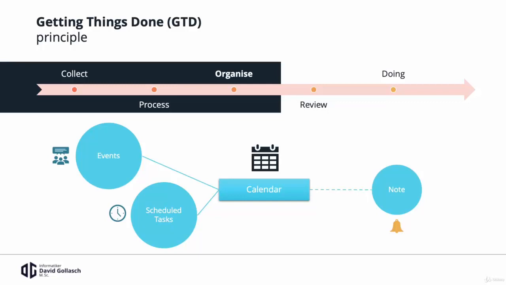That's related to those delegated tasks, for example, where you can set a reminder by getting yourself notified by your calendar, by setting an event for the notification for the following up of a certain delegated task into your calendar directly.